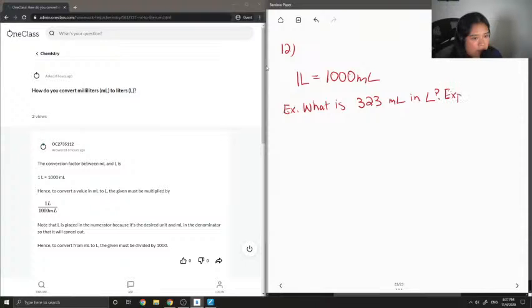Express answer using two significant digits using scientific notation.